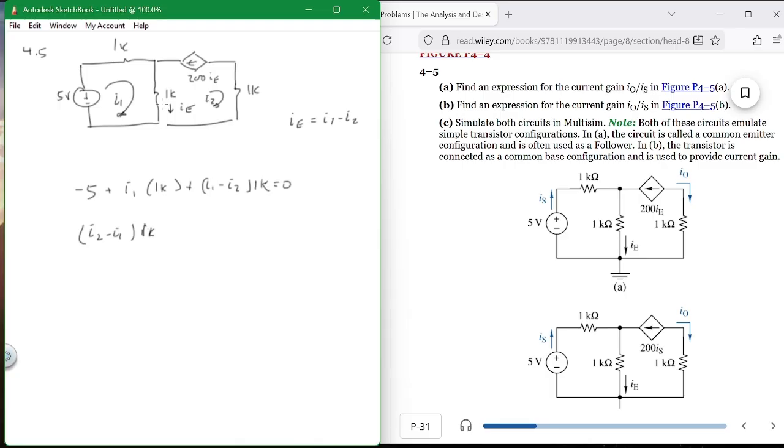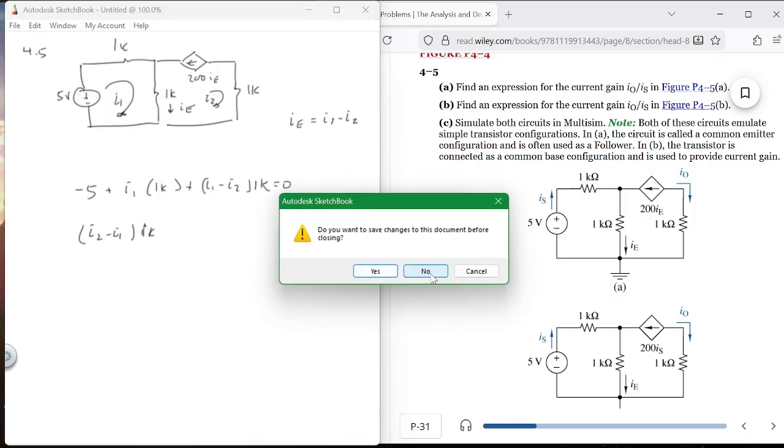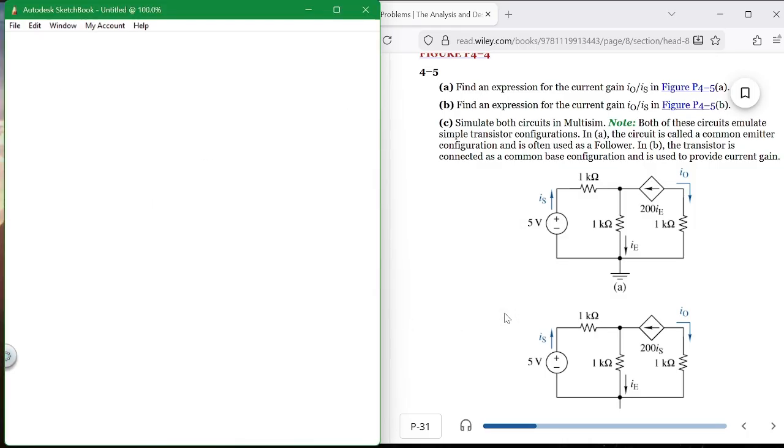And oh, I know. Ted. Again, bad call. 4.5, use node analysis. Okay?